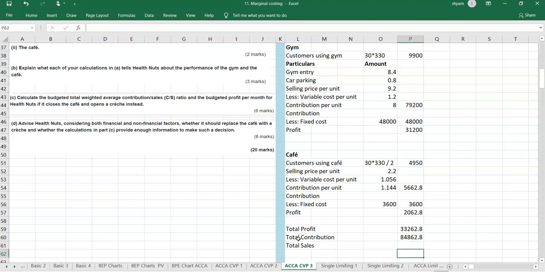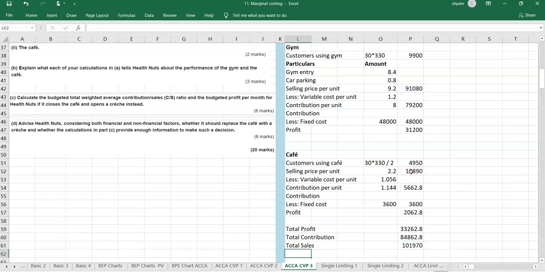okay, I think we have not done total sales. We'll just multiply that. This is total sales and this is the total sales for gym, so total sales of gym plus total sales of cafe.